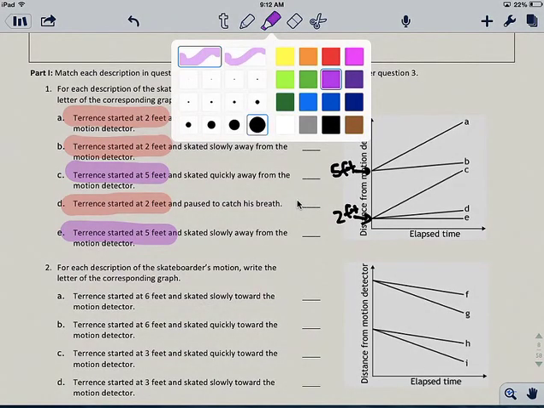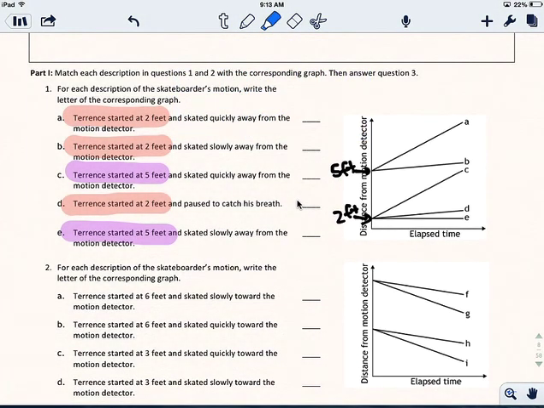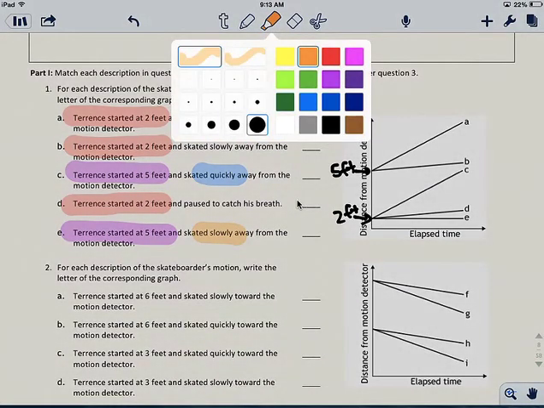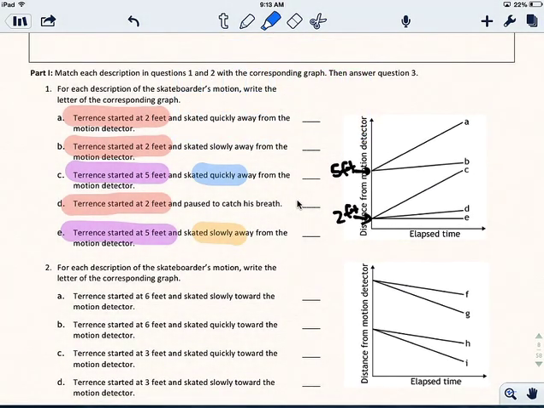We'll get some more colors to highlight. So Terrence started at 5 feet and skated quickly away. And Terrence started at 5 feet and skated slowly away. So if I remember yesterday, the important thing that we noticed was that the quicker Terrence moved, the steeper was his graph.